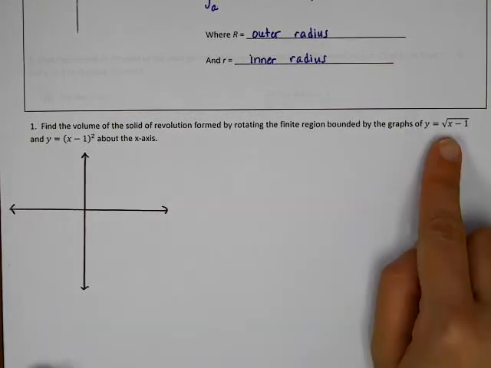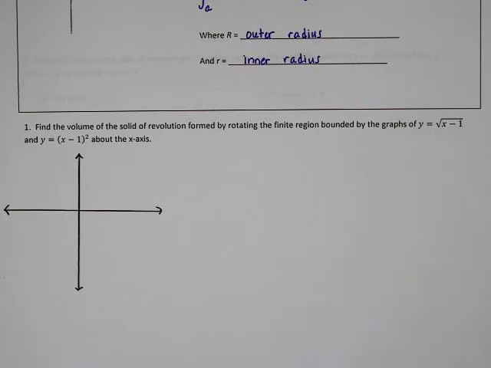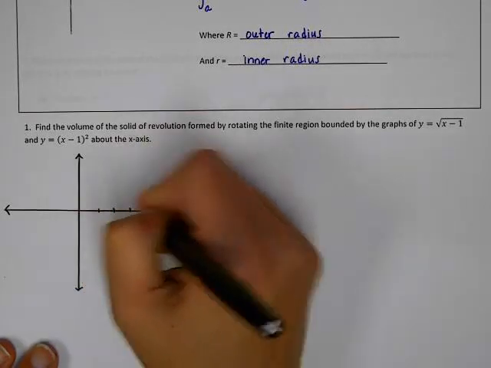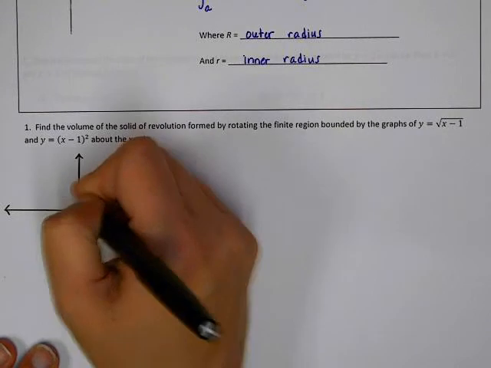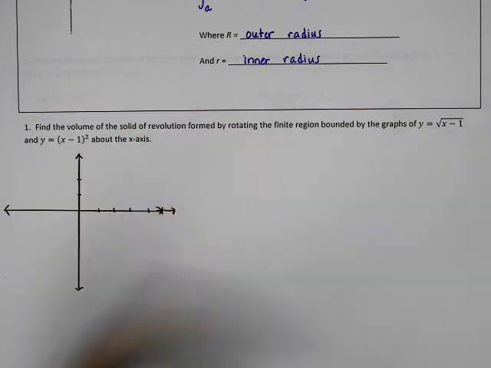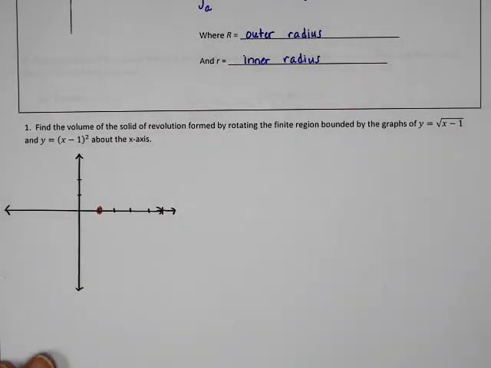So the first thing I'm going to want to do is graph this guy. Now this is going to be a square root function that is shifted to the right one space. So that graph is going to look like this. It's going to start here instead of starting at 0, 0.